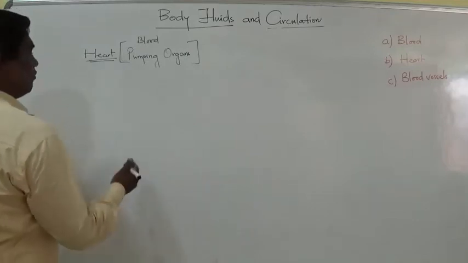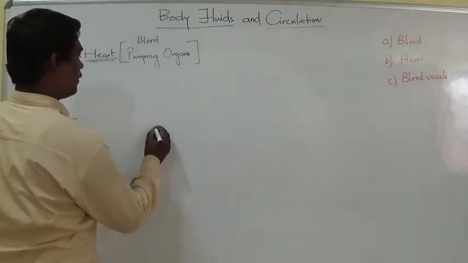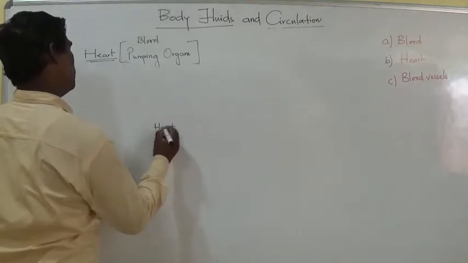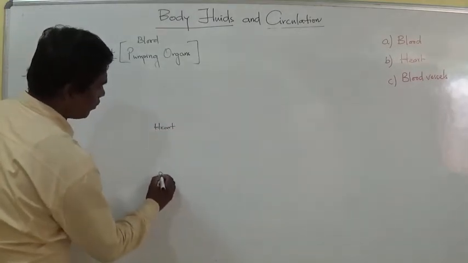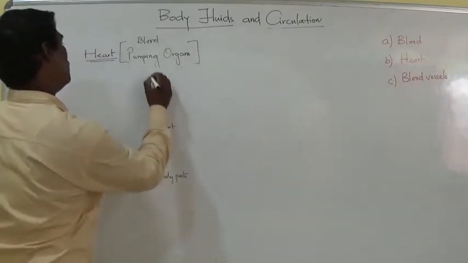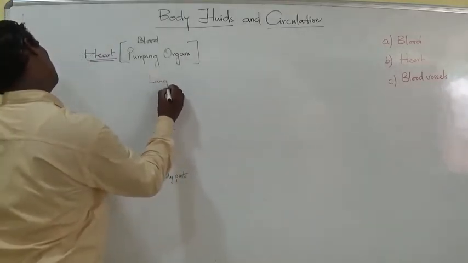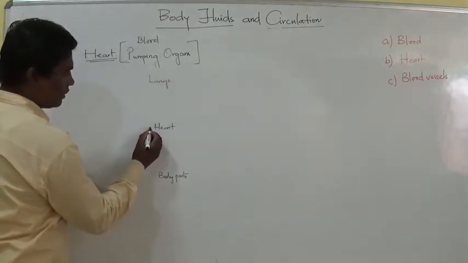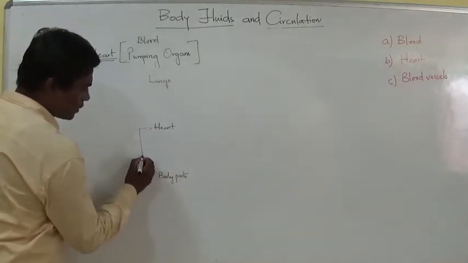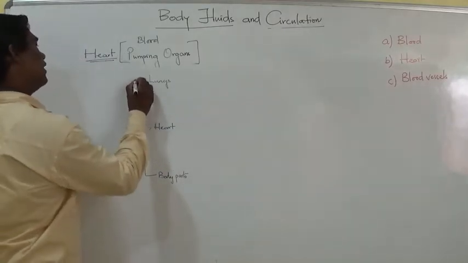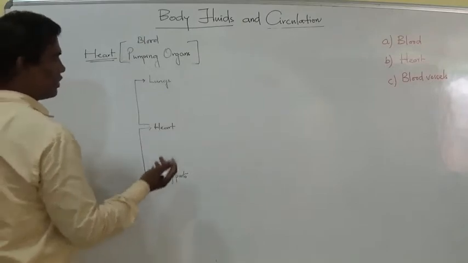Okay. When we go with this circulation, we can see the heart, the body parts, and the lungs. The heart receives the deoxygenated blood from the body parts, and this deoxygenated blood is sent to the lungs for oxygenation.